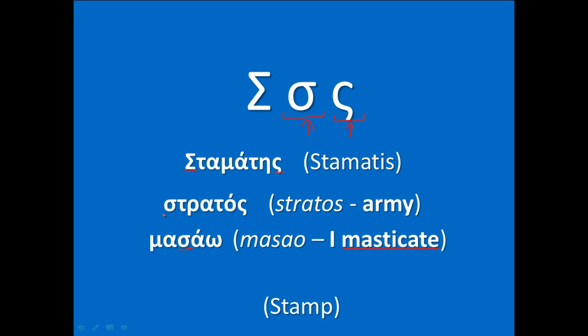Again, you see in front there is this sigma that we put either in front of any Greek word or in the middle of any Greek word, like this, whereas this sigma, the final sigma, we call it τελικό sigma in Greek, we put the τελικό sigma at the end of a word.